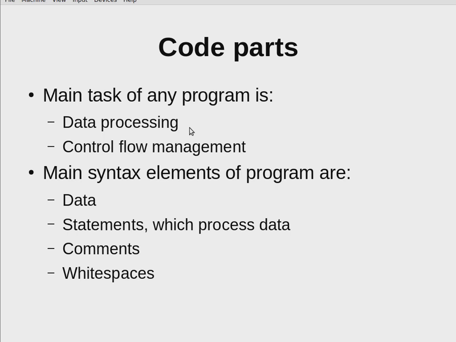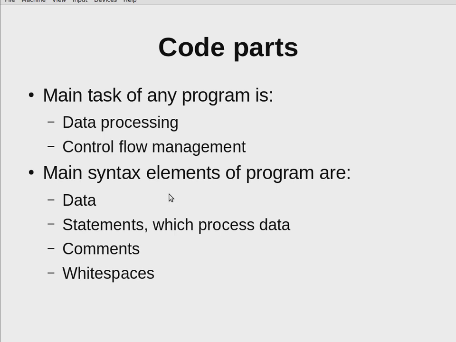First, you need to process some data, and you store this data in variables, and you need to control the flow of this processing depending on different kinds of conditions. So you do something and you check for conditions. How do you do this?